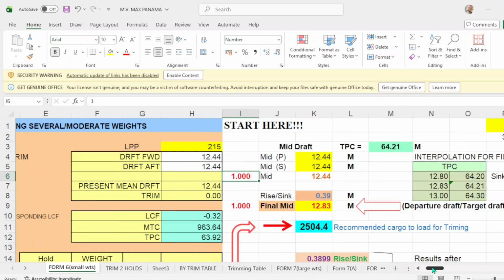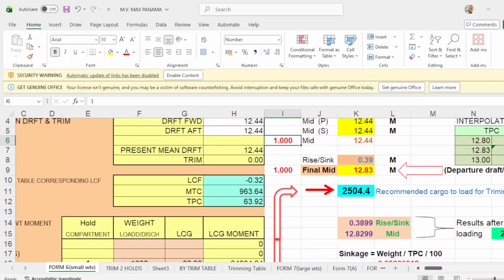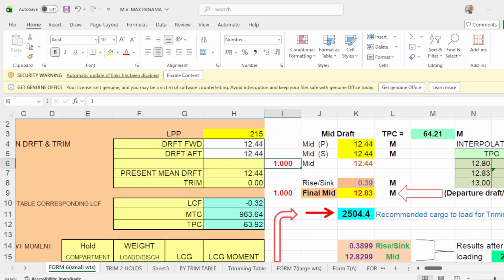So meaning with this initial draft, you have your LCF of negative 0.32, MTC is 96364, TPC is 6392, okay? So this is your initial draft, okay? Take out this first. This is your initial draft.